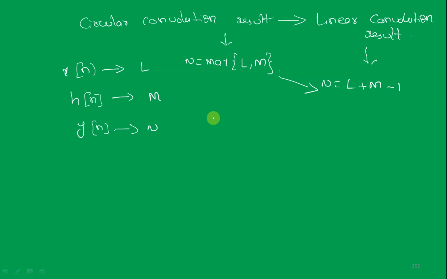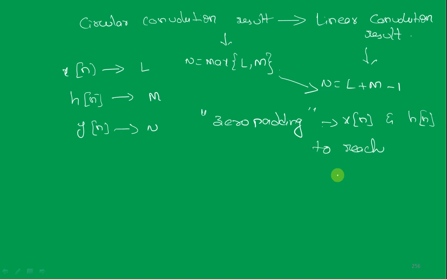That means do the zero padding to the x of n and h of n to reach N equal to L plus M minus 1, and then perform circular convolution between x of n and h of n.